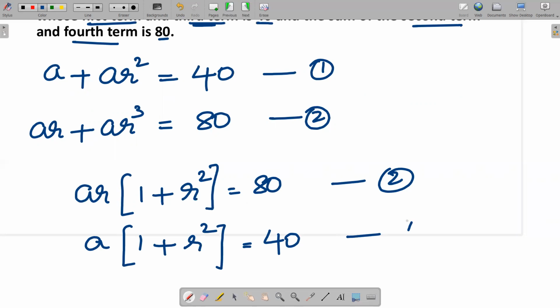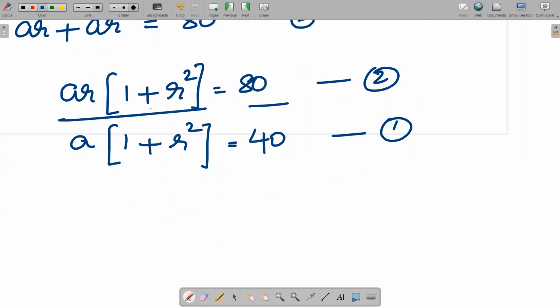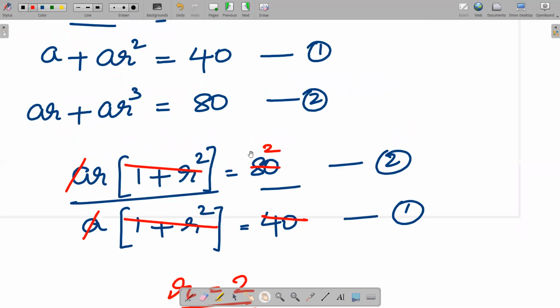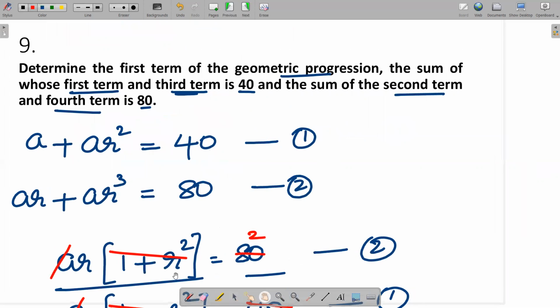If I divide these two equations, the 1 plus R square gets cancelled, A gets cancelled, and 40 goes into 80 two times, so the common ratio R is equal to 2.